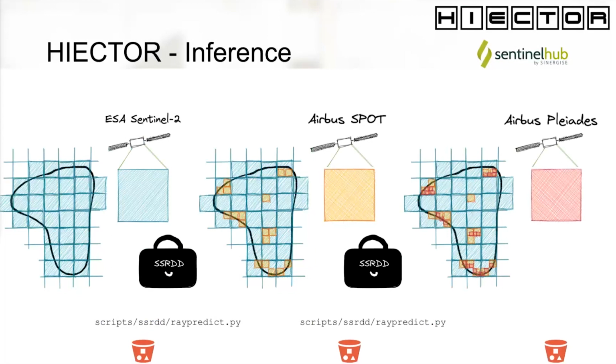Then, if you remember, we run an estimate of where we would need higher resolution imagery with this drill down index. And on those found areas, we proceed ordering and downloading Airbus Pleiades using the Sentinel Hub service. Again, we can then apply the trained model for Pleiades to get estimates on the higher resolution imagery.